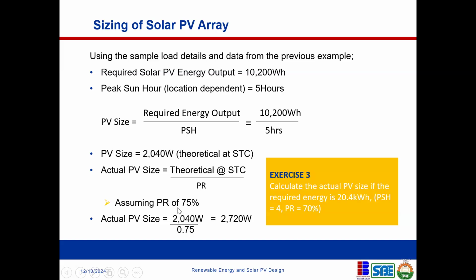Now, in your design system, when I was talking about performance ratio in the other class, I said that you cannot determine performance ratio ahead of time. It's always an assumption. But it's good that after you've done your installation and your PV has worked for some time, maybe 6 months or 1 year, you can go back and determine the actual performance ratio.